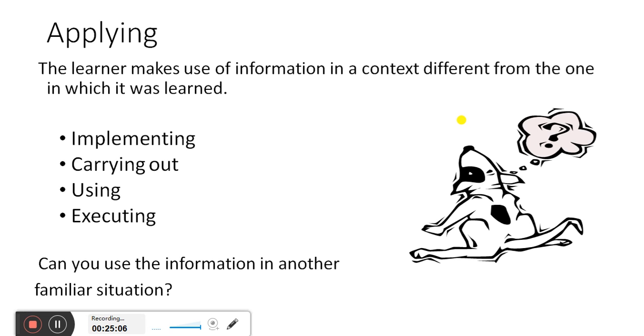After remembering, they started understanding what the use of this lemon is. And after that, applying. The moment they know the use of lemon, they started implementing it, applying it. Carrying out, using, or executing are other synonyms of applying.